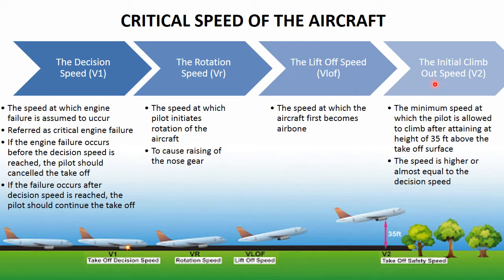So let's talk about the decision speed first. The decision speed, or V1, is the speed at which engine failure is assumed to occur, and it is referred to as critical engine failure. If the engine failure occurs before the decision speed is reached, the pilot should cancel the takeoff.